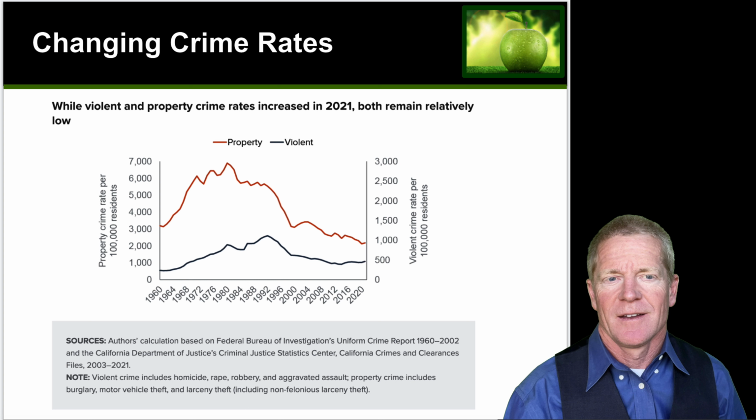You can see that there has been a decrease in property crime since a peak in the late 1980s, and there has been a decrease in violent crime since a peak around 1990, and there's been a slight uptick in violent crime recently. However, violent crime rates remain relatively low in the state of California.